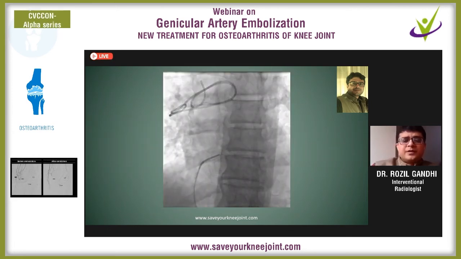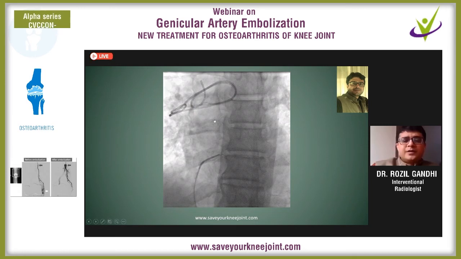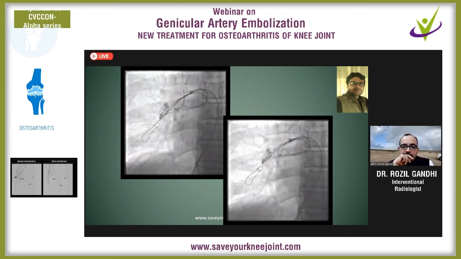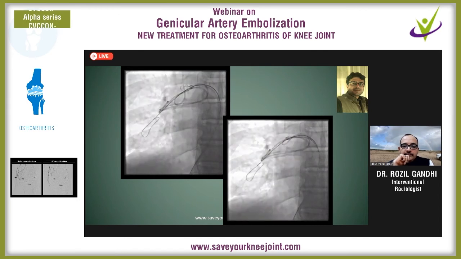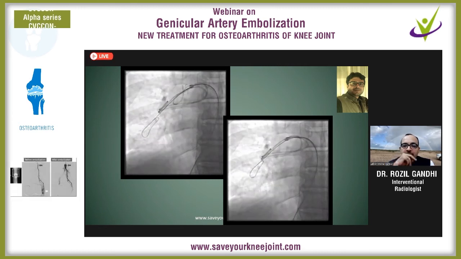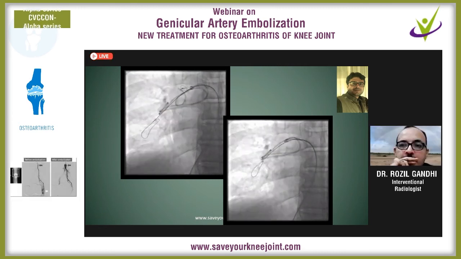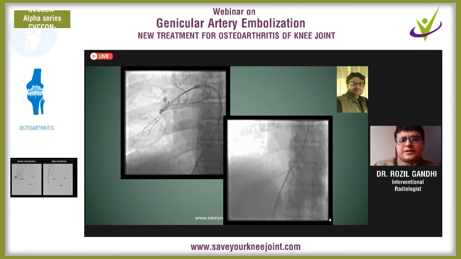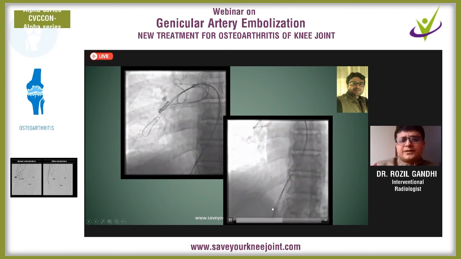At the end, this is another example of how interventional radiology helps. This is a DJ stent in the pulmonary artery, which we are snaring. This was a non-target embolization of the right pulmonary artery by the DJ stent, which was snared and removed, as you can see in the right-sided video.